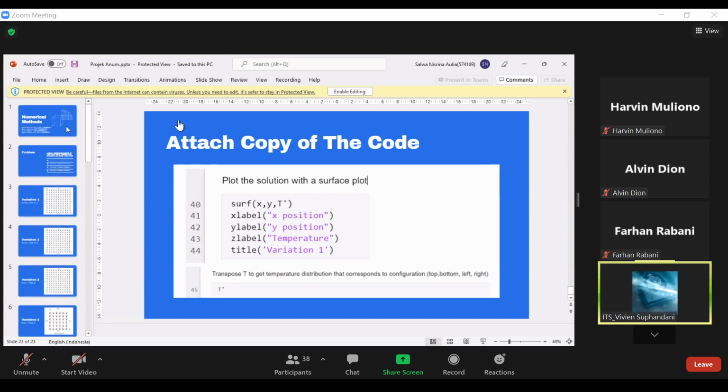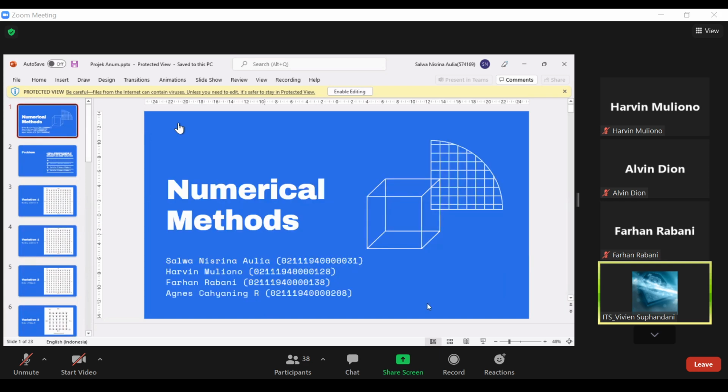Yeah, thank you. So we have a case here in which we have a plate and want to find the temperature distribution of the plate. In this case, you have 3 or 4 variations. You vary the number of nodes and vary the boundary condition. For the boundary condition, all is using Dirichlet boundary condition, or the temperature is fixed.